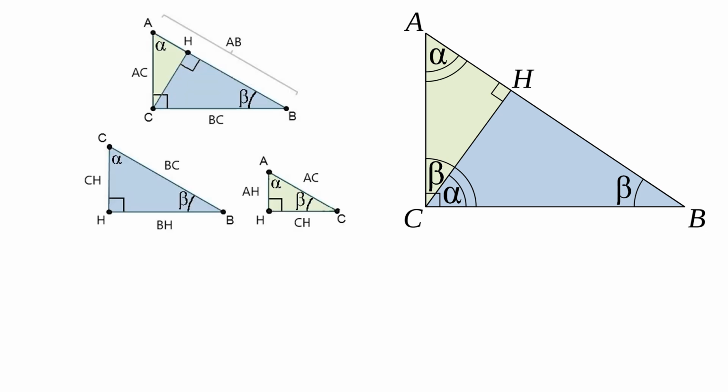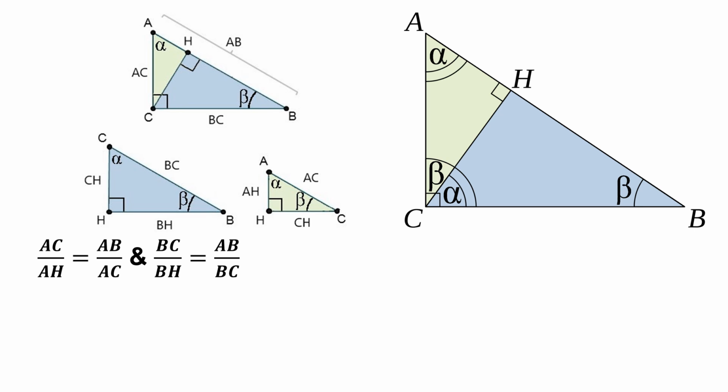Side AC divided by side AH of triangle green equals side BC divided by side BH of the original triangle. And side BC divided by side BH of triangle blue equals side AB divided by side BC of the original triangle.